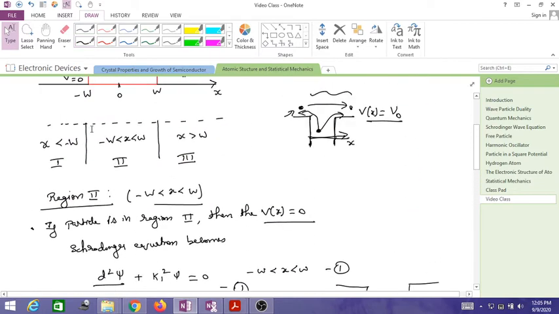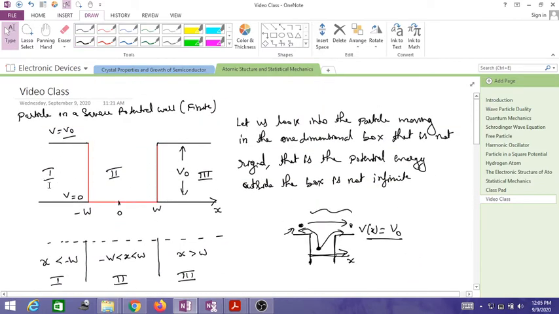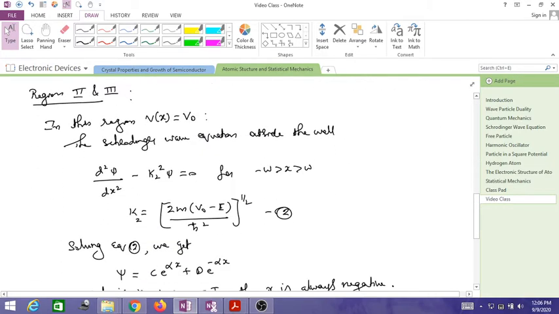Now if we take the other regions, that is region 2 and 3, where the particle is outside this box, it means the particle is either in the first region or in the third region. If we consider that, then the potential energy V of x is equal to some constant, that is V naught. Now we use the Schrodinger wave equation outside the box.